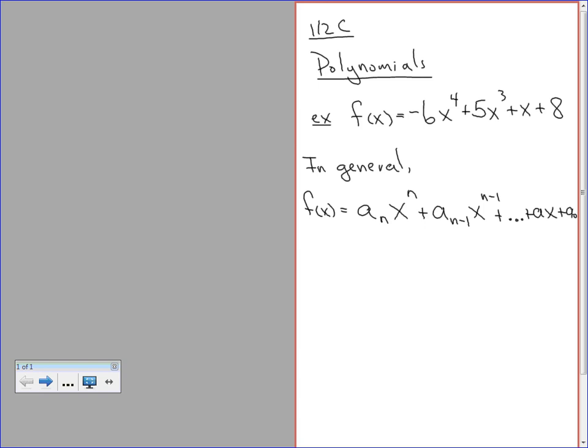x. So just some names. When the polynomial function is given to you in standard form, so standard form from the highest exponent listed down to the smallest exponent, then the coefficient that is in front is called the leading coefficient.